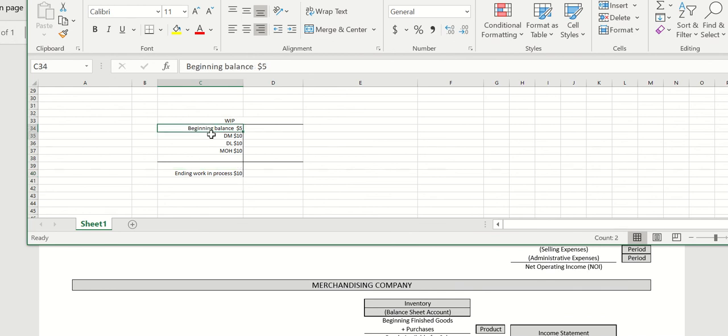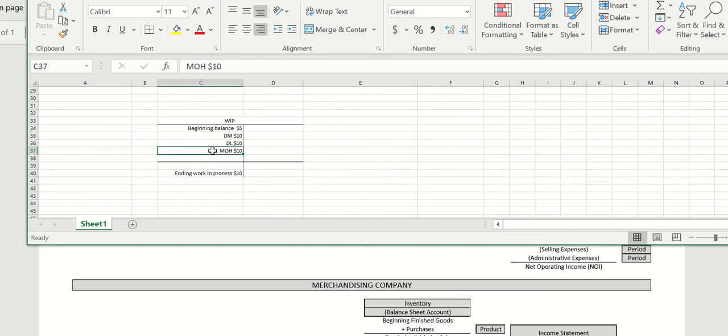If I total this up, it would be $35. Then something happens in between, and goods are finished. We've completed them, they're ready to go out. So I have $35 at a specific point, a certain amount is finished, and then we have a leftover of $10.